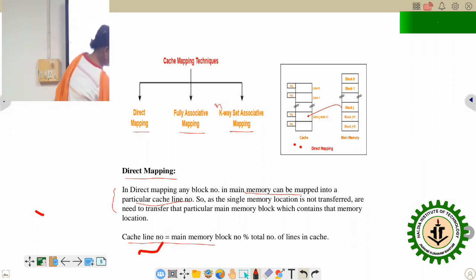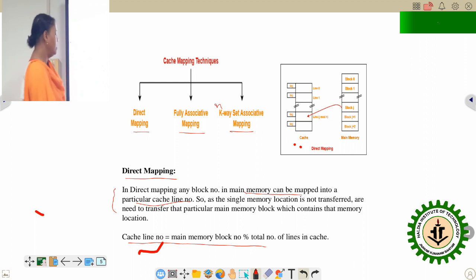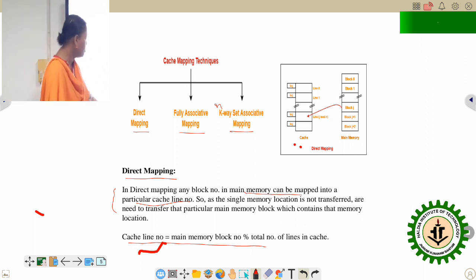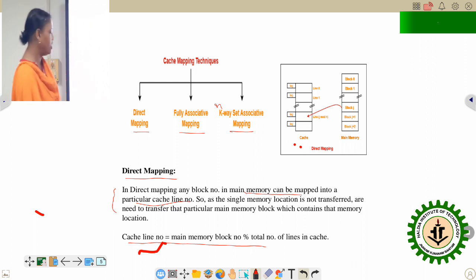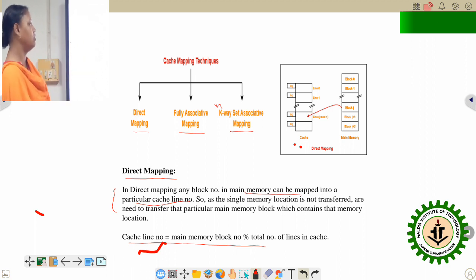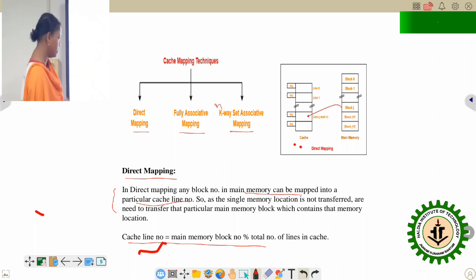The formula to calculate that line is: cache line number equals main memory block number modulo total number of lines in cache. So this is the formula to calculate to which location of the cache memory a main memory block is transferred.